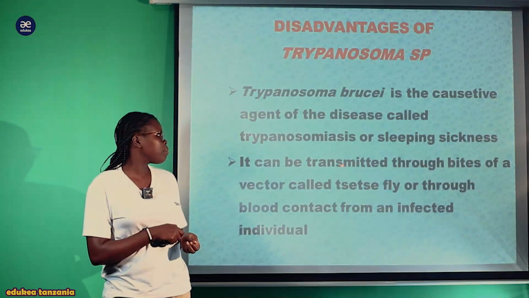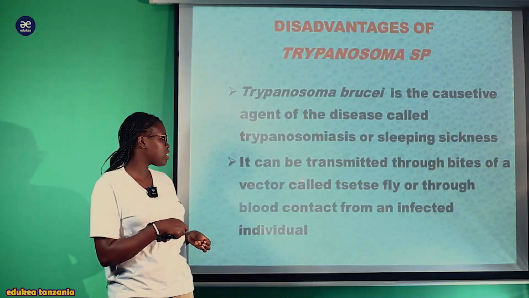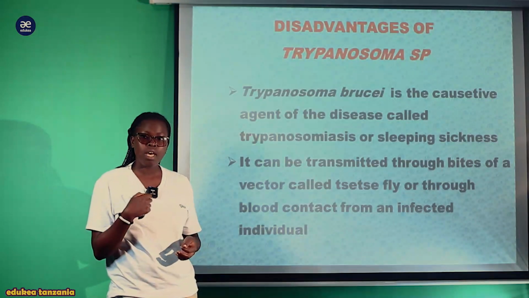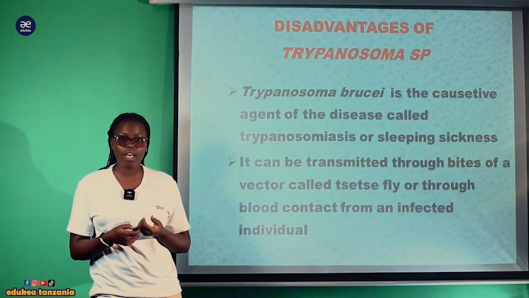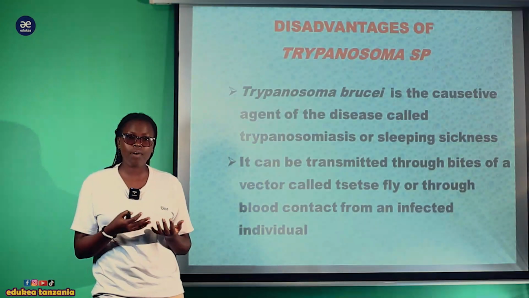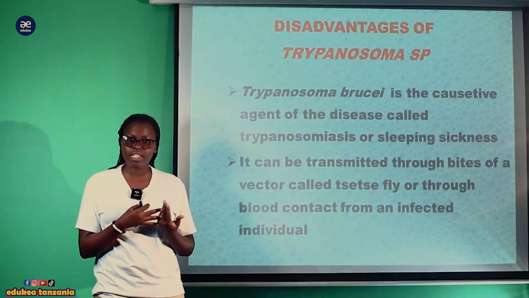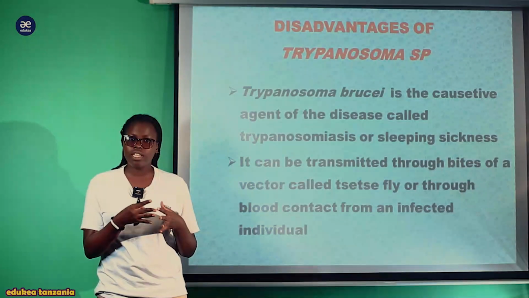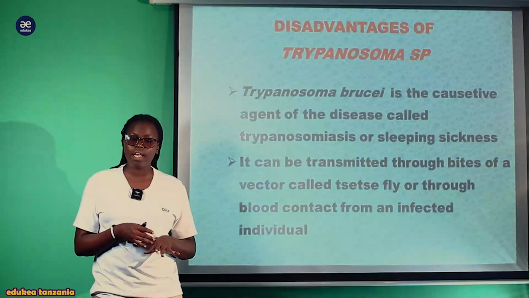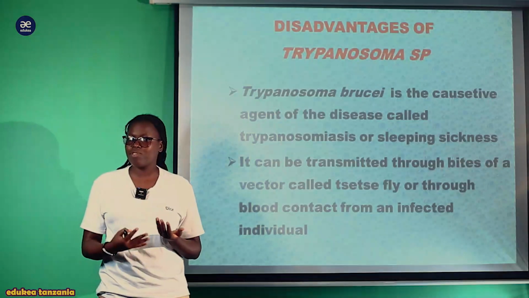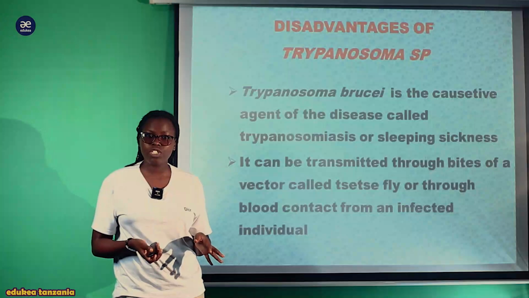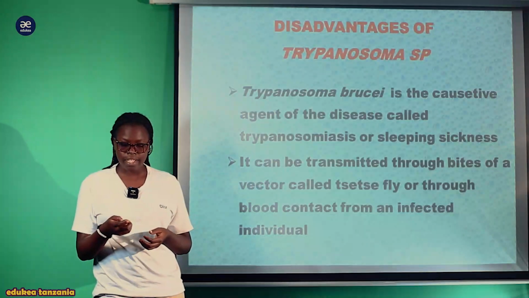Also, it can be transmitted through bites of a vector called a fly or through blood contact from an infected person. Kwa mtu ambaye ana ugonjwa wa malale, akiwa in body contact with an uninfected person, he or she can infect that person. Vile vile it can be transmitted through vector ambao ni carrier wa huyu Trypanosoma species ambao ni flies.